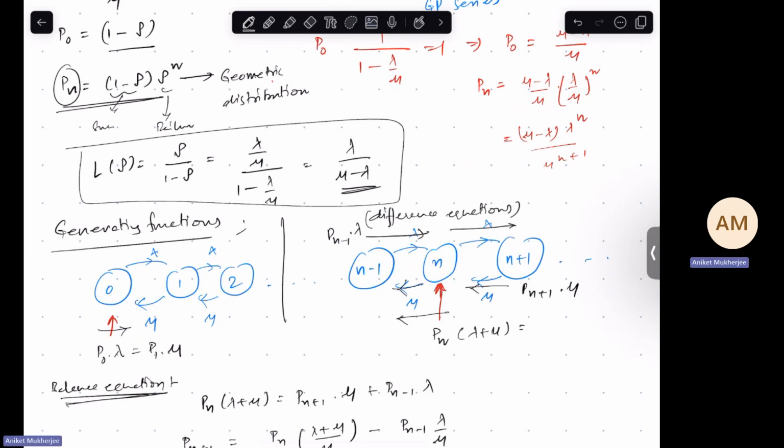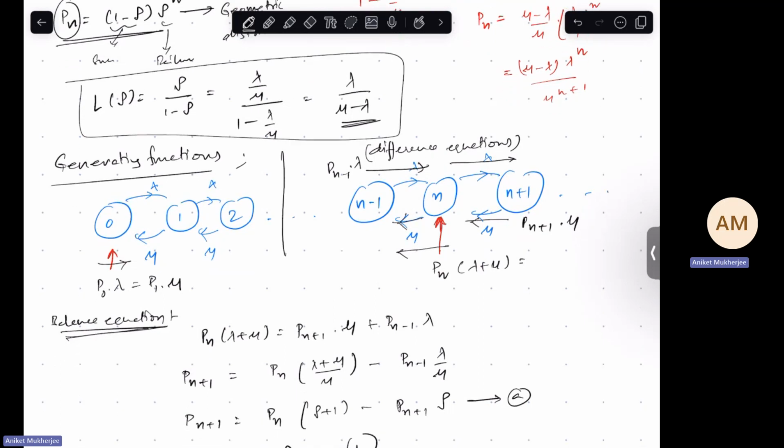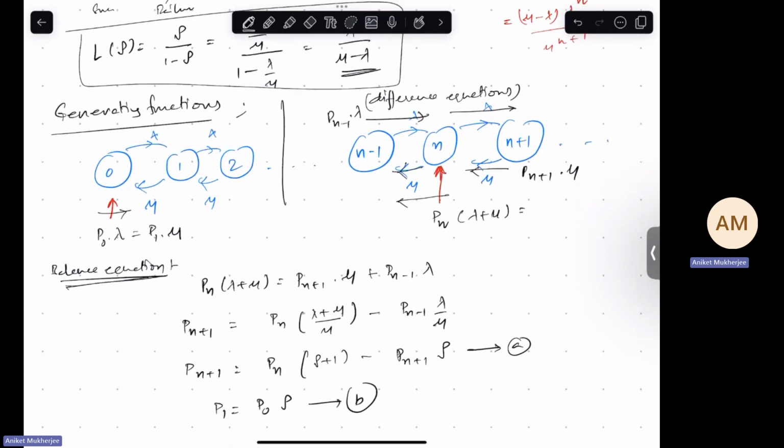But to write the generating function and difference equation, we needed to write the balance equations at each node, not at a barrier. So at each node, you'll have flow coming into the node and flow going out of the node. So the flux or rate of flow coming into the node should be equal to the rate of flow going out of the node. You can't have more flow going out than coming in.